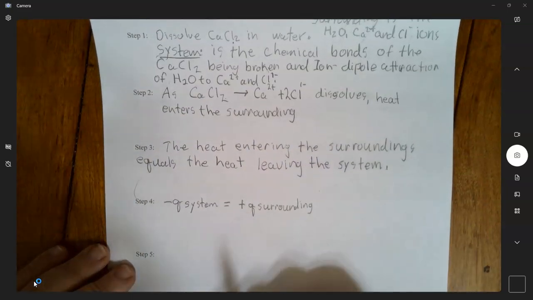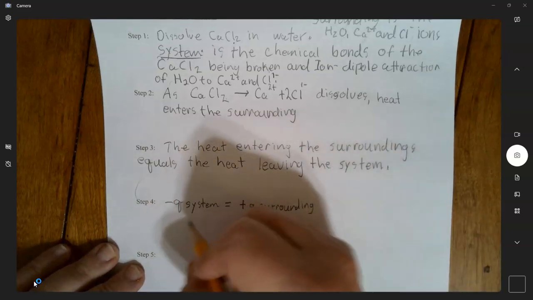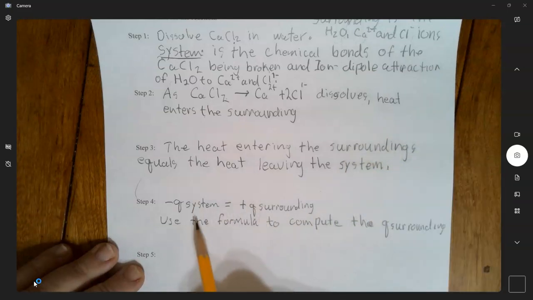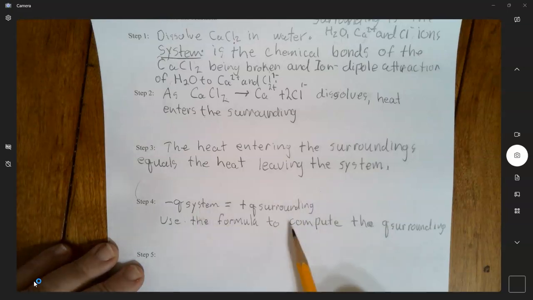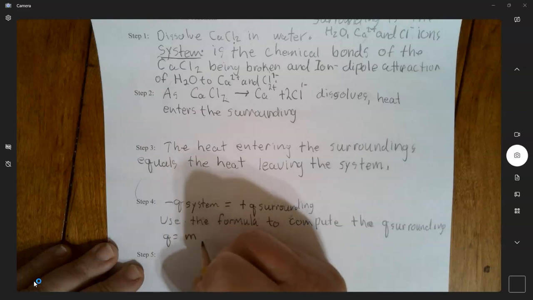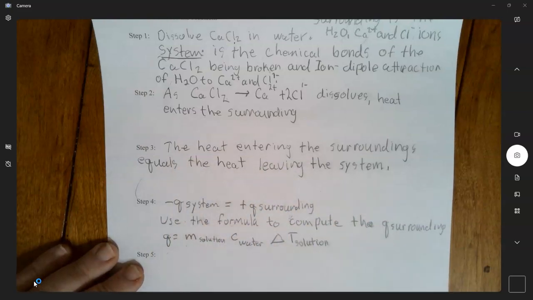It doesn't matter. We can't measure the heat directly of the system, which is what we're interested in, so we have to do it indirectly. We measure the heat going into the surroundings, which is basically the water and the ions, and then we measure the temperature change. So we use the formula Q = mcΔT.